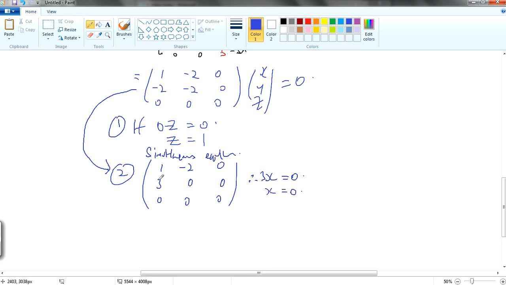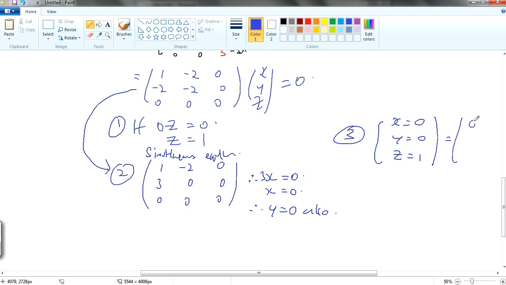And since x is equals to 0, definitely y is also 0, right? So therefore y is equals to 0 also. So this is why the answer is x equals to 0, y is equals to 0, z is equals to 1. Therefore we have 0 0 and 1.